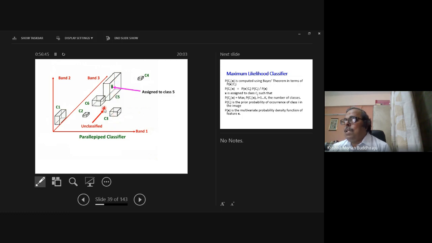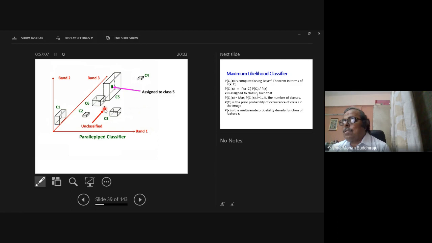So this one, you can see it satisfies class 5 as far as band 1 is concerned, but it fails the band 2 dimension.